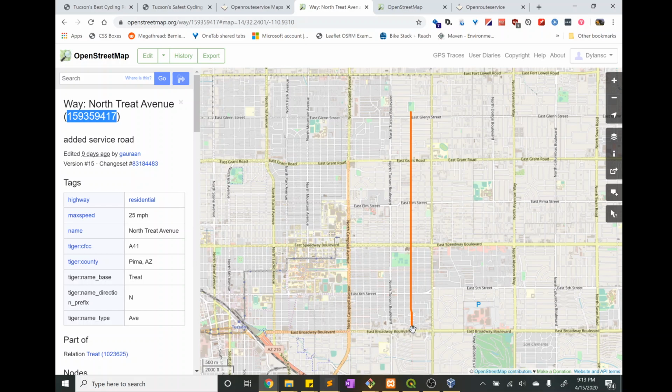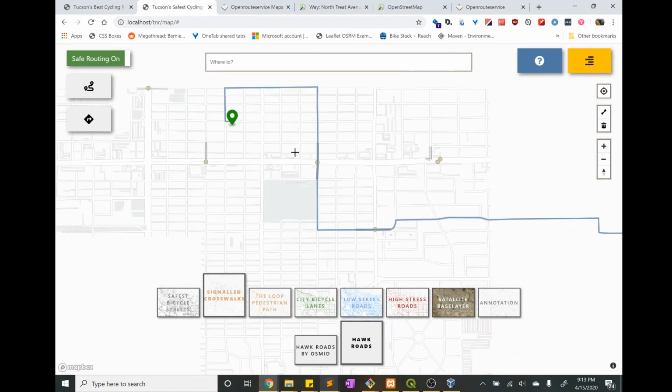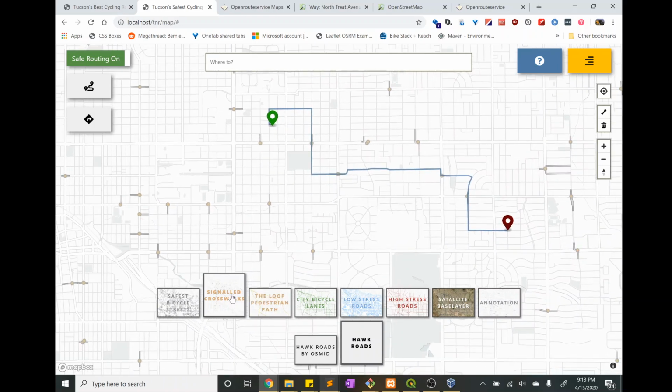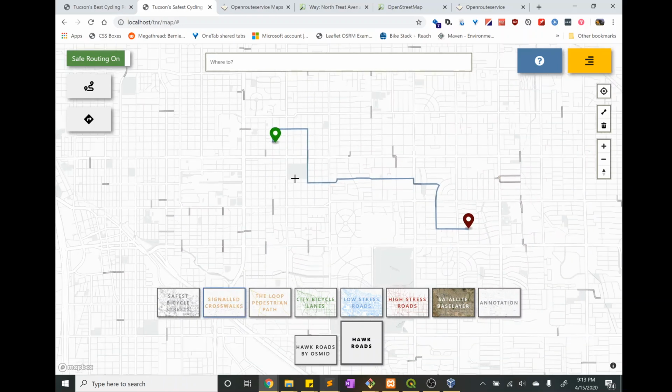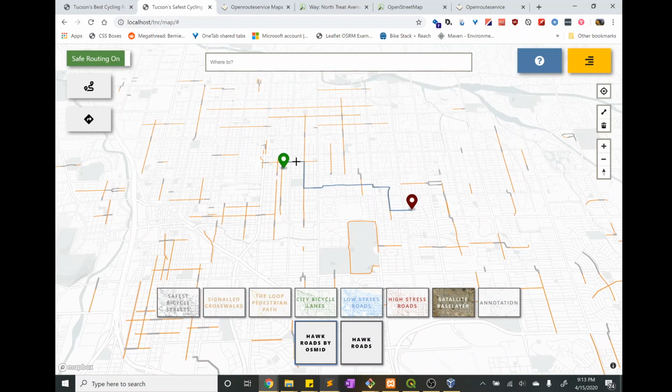I investigated that a little bit more, and that is the case. What's actually happening is it's not weighting based on these roads here. It's weighting the network based on these roads.